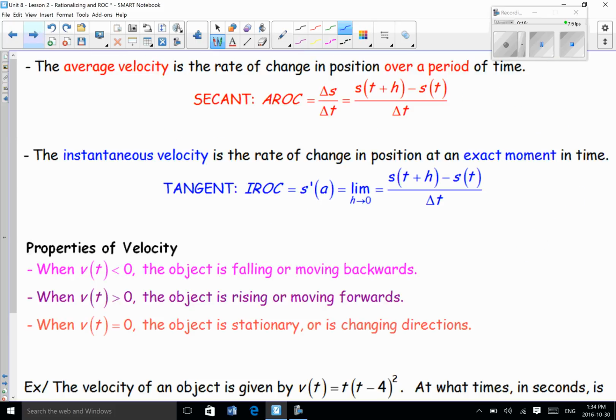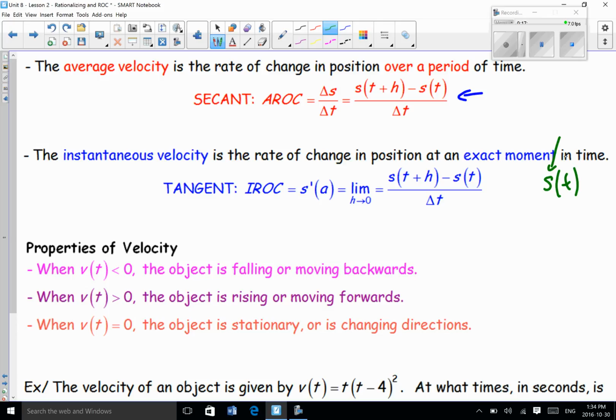Average velocity, just in general, is AROC, the same way we've done before. IROC, that's our important one for today. IROC is the rate of change of your position at an exact moment in time. So generally, and these are the letters we use, position is given by s(t).